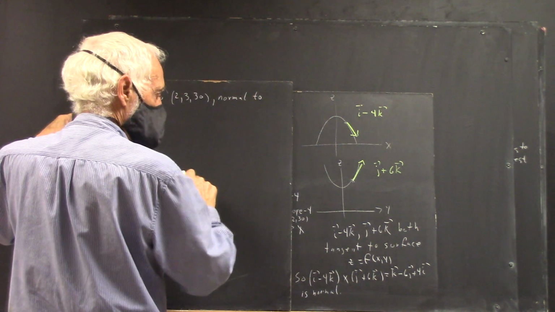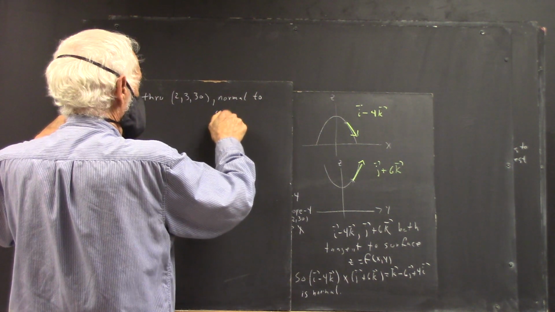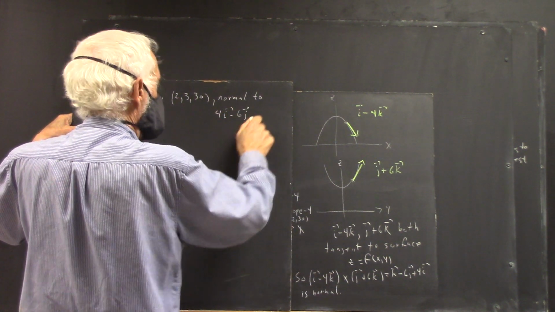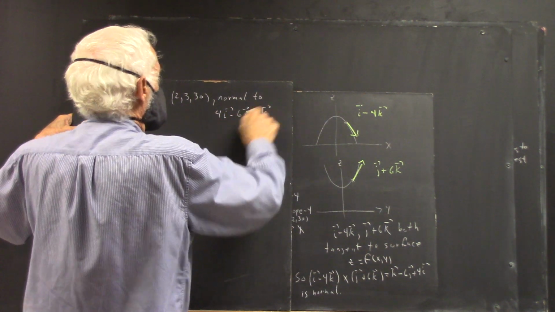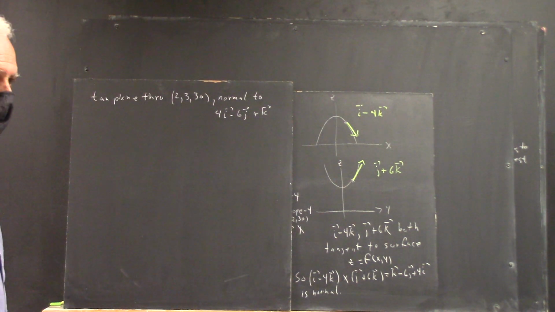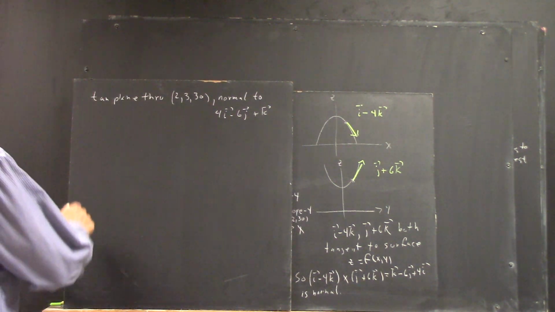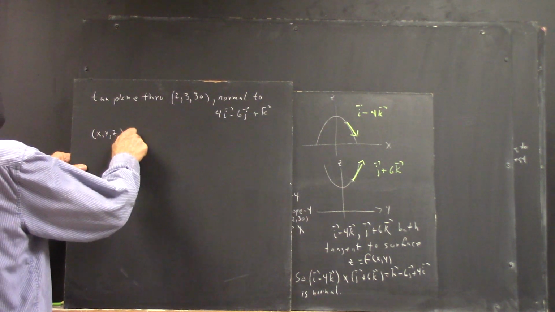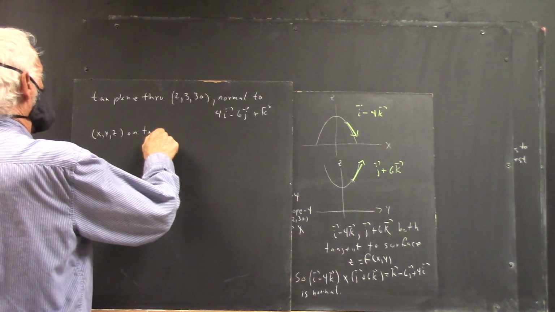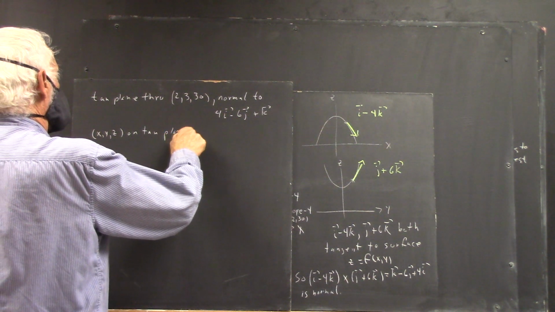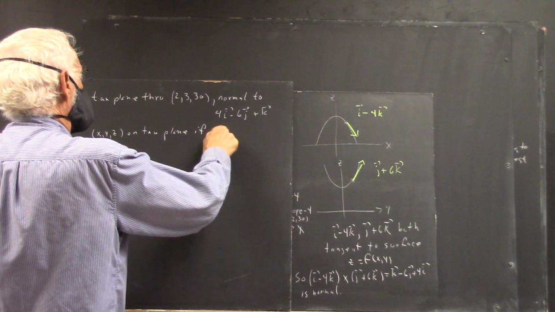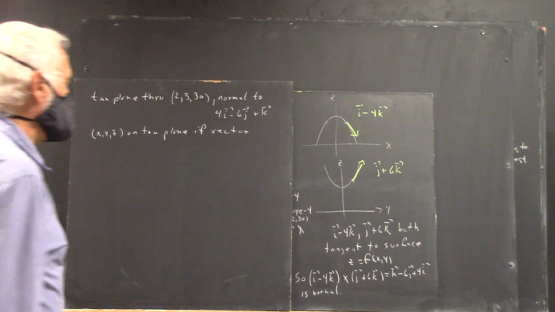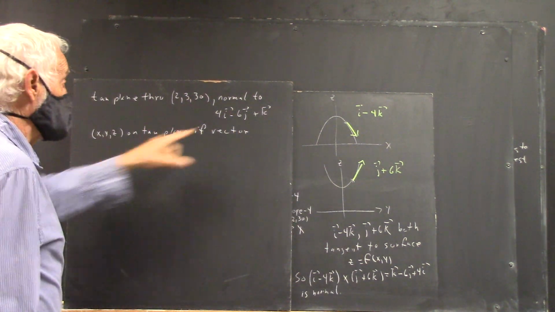And normal to what? Put them in IJK order. Normal to this vector. So x, y, z is on the tangent plane if the vector between this and this is perpendicular to this.